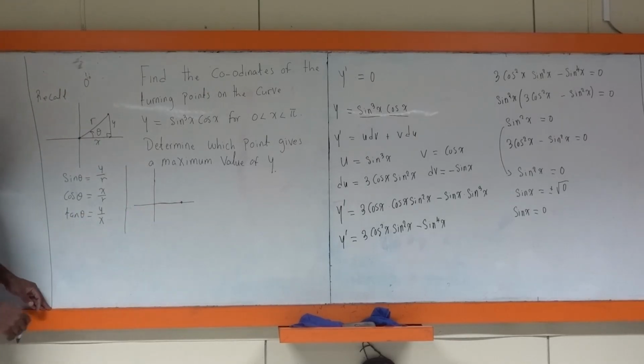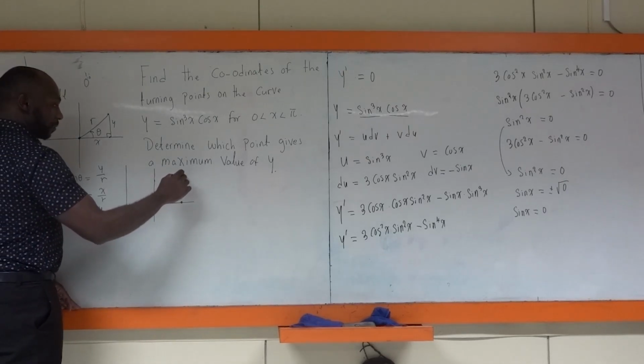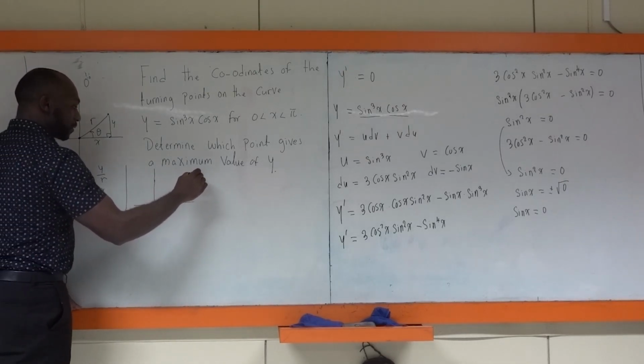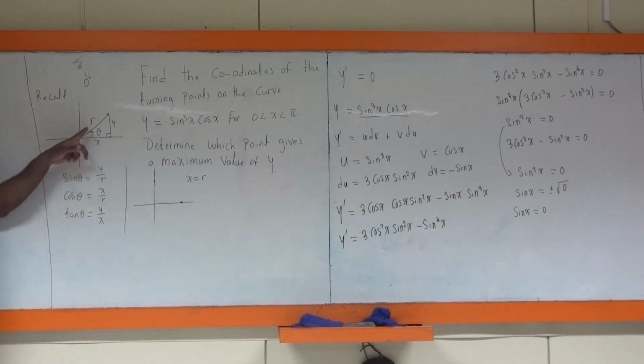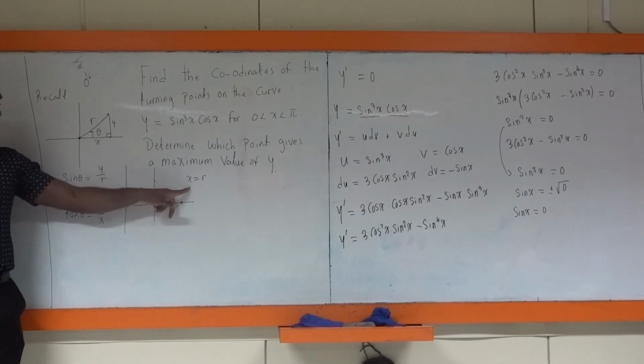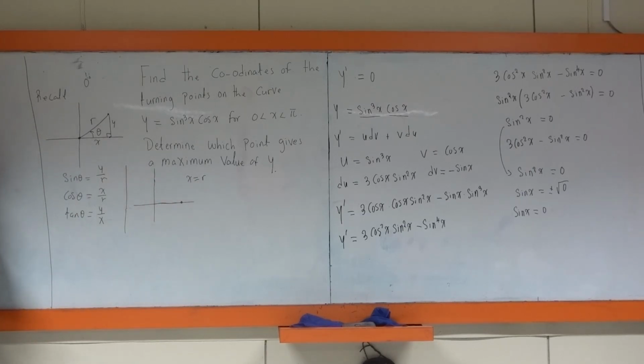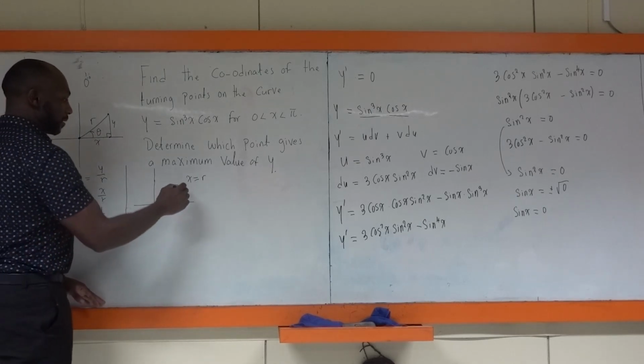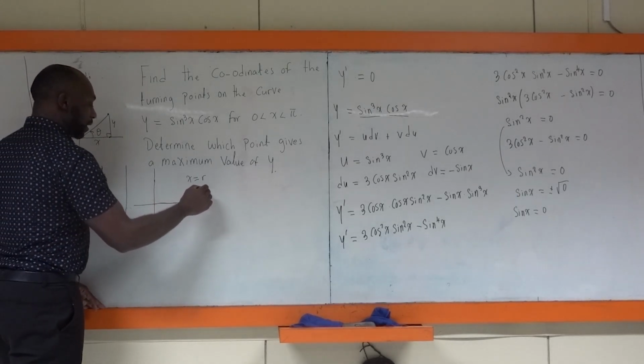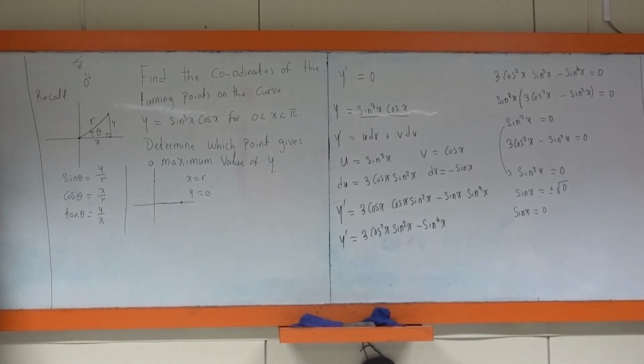So in that case, we can see that x should be equal to r. Right here, the radius is on the x-axis. So we say x is equal to r. Similarly, since the radius is still on the x-axis, y should be equal to 0. So what does it mean?